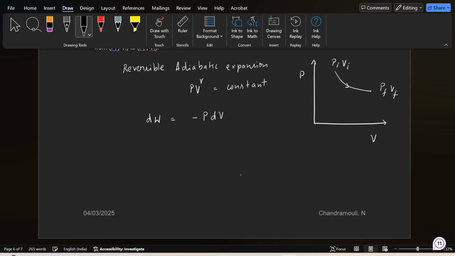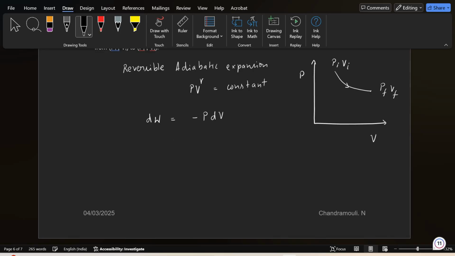So if you want work done, since it's like area under the curve, what do we do? Integrate, right? Okay, so that's what we'll do.